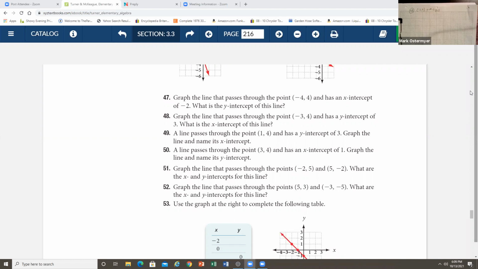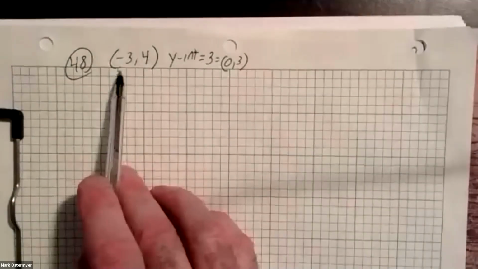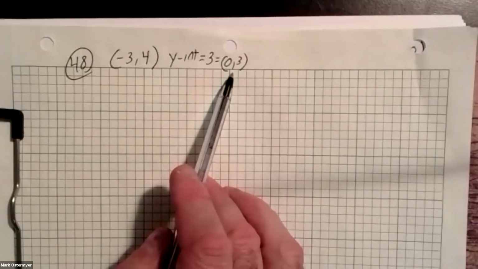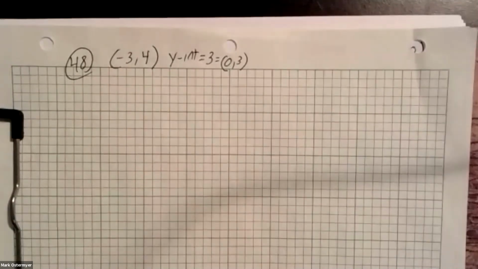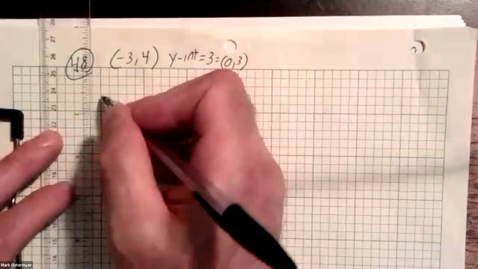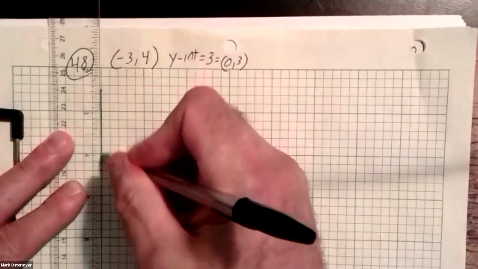Okay, so here's what we're going to do. This is problem 48. They give us a point that lies on the line. They also indicate the y-intercept of that line, and they want us to graph the line and also determine the x-intercept. We're going to do that. So let's make ourselves a graph. Graphing paper really should be used for a problem like this for accuracy.